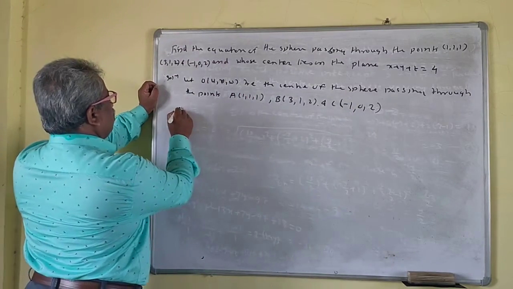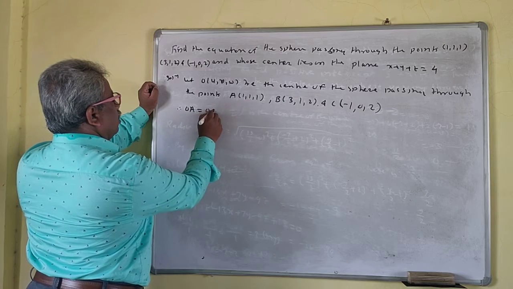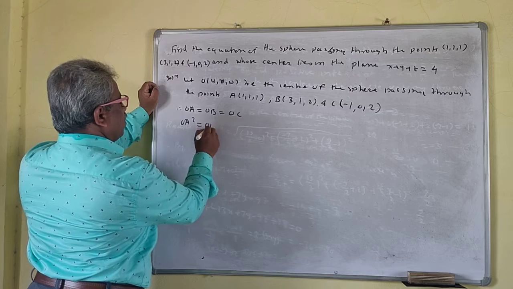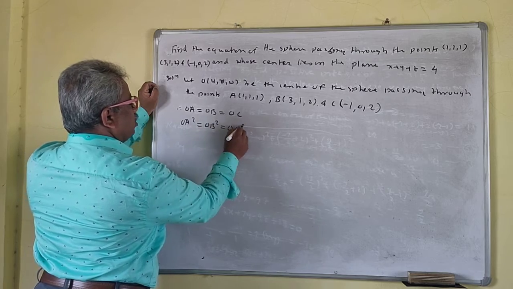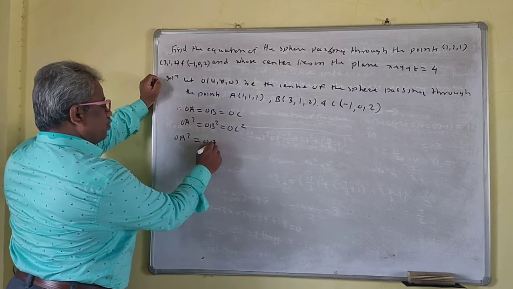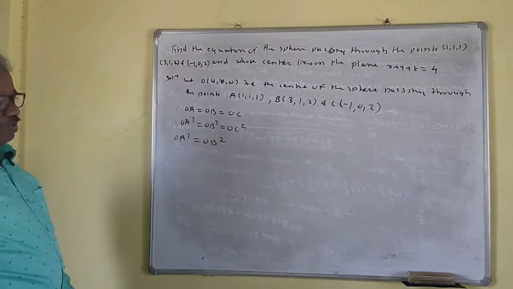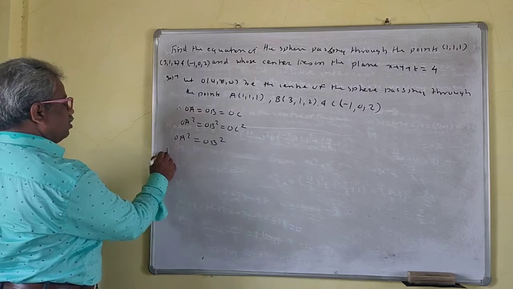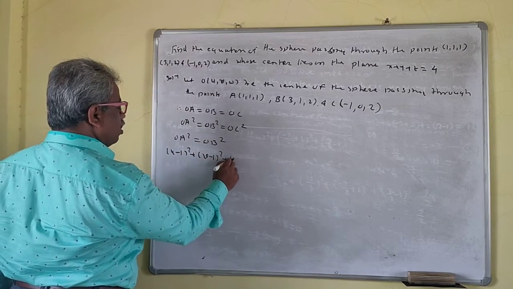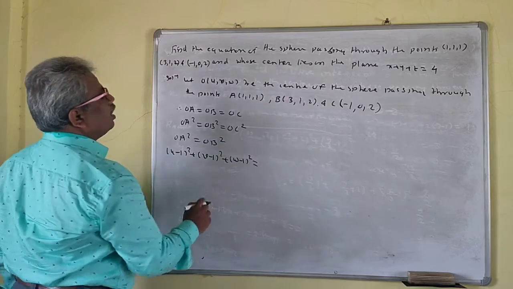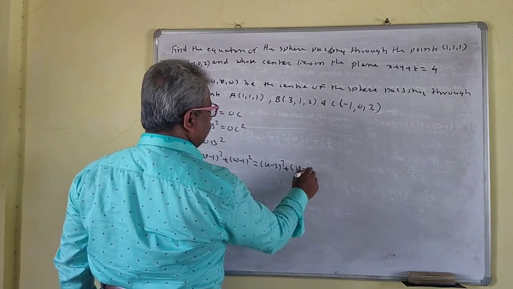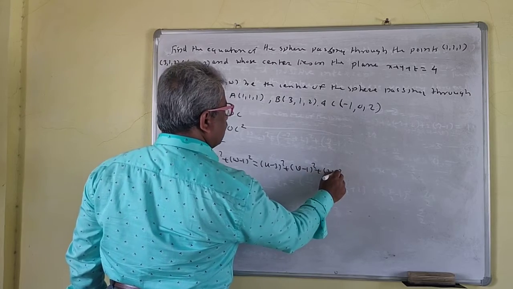Therefore OA is equal to OB is equal to OC. Therefore OA square is equal to OB square is equal to OC square. First we will take OA square is equal to OB square. So this is (U minus 1) square plus (V minus 1) square plus (W minus 1) square, equal to (U minus 3) square plus (V minus 1) square plus (W minus 2) square.